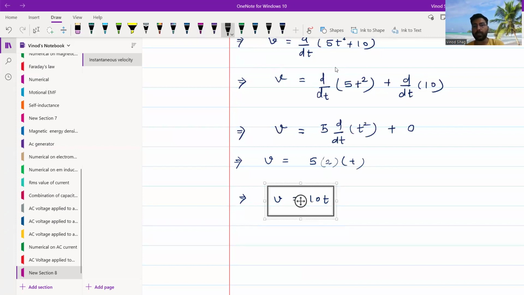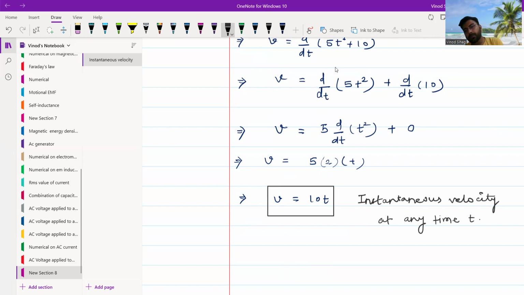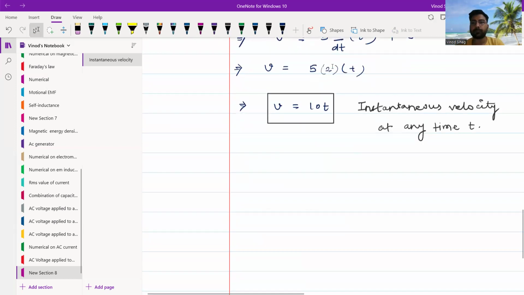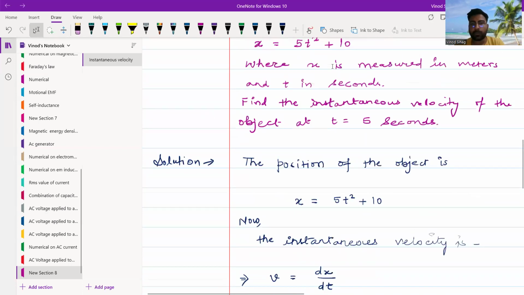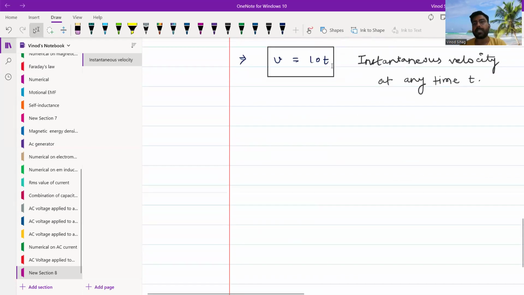Okay, and we can name it as instantaneous velocity at any time t. Fine. Now we have been asked to find out the velocity at time t equals 5 seconds. So let's place the value of t equals 5 seconds.